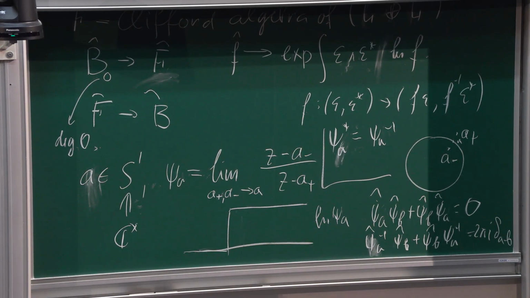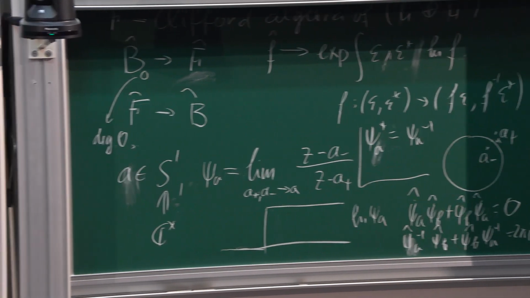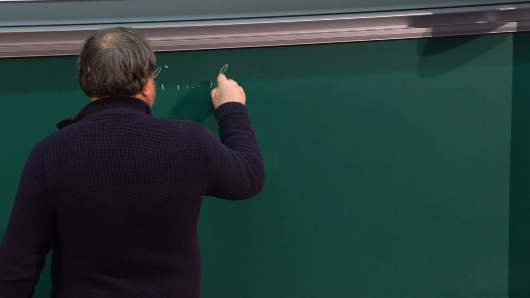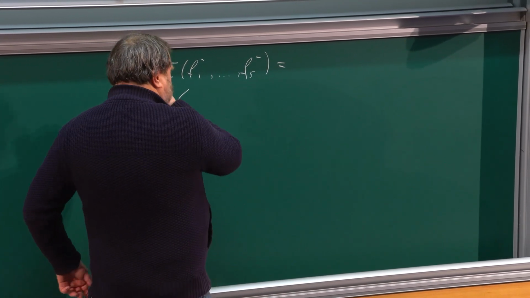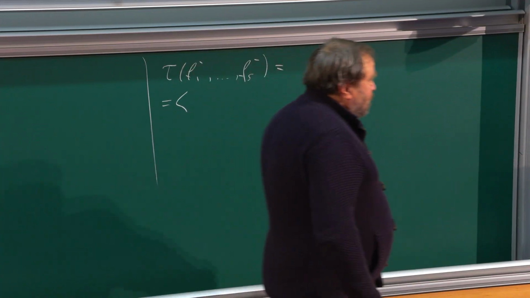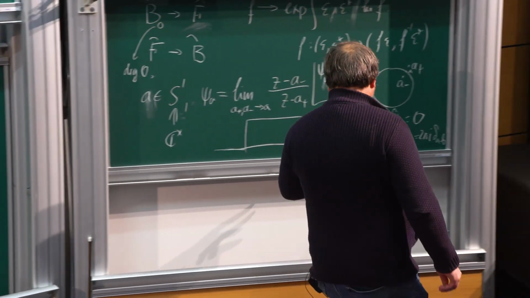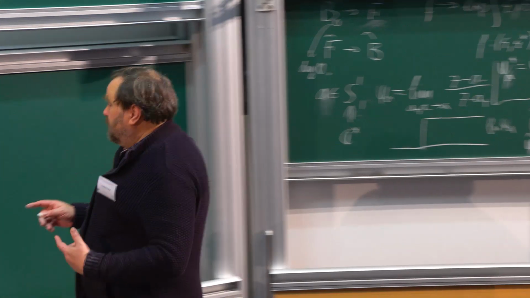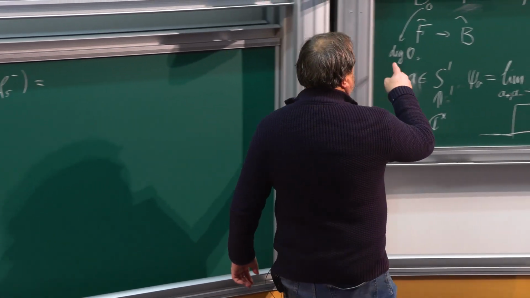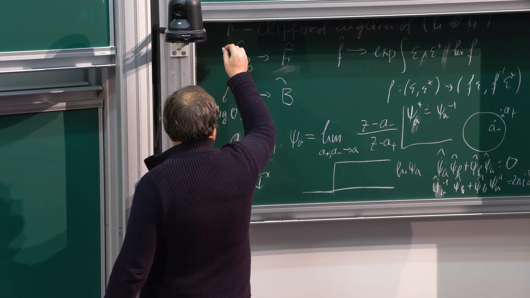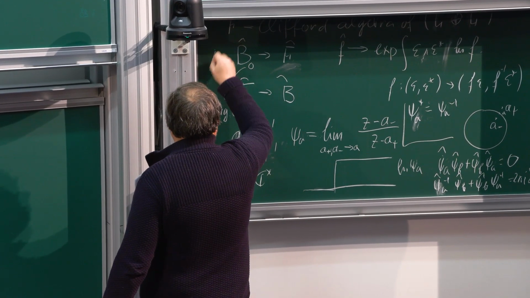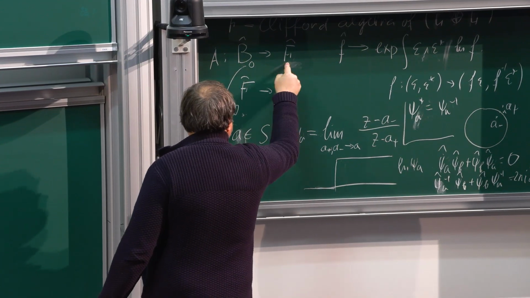Yeah. But what I want to say is, what is tau? Well, this definition is just tau of f1 minus etc. fs minus is the following thing. You take the product of this. Let's take here, I don't know how it's called, A. A is a map from bosons to fermions.